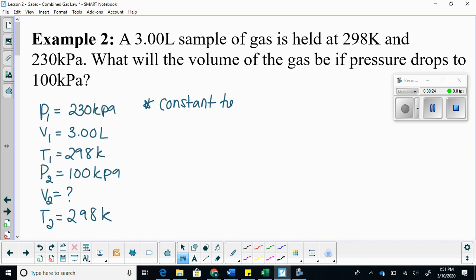Okay, so this one is a constant temperature. Therefore, T1 is equal to T2. Once you're done plugging it in, you should get an answer of 6.90 liters.